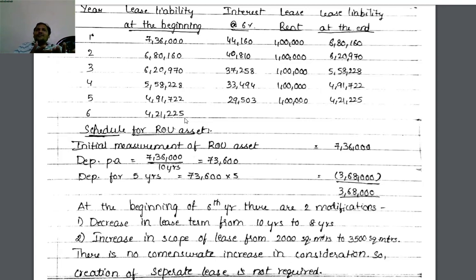If original terms are there, lease rent, original discounting rate, only the lease duration is changed. So only for next 3 years it continues. Next 3 years we are agreeing to pay 1 lakh each year and 6% is the discounting rate. What should be the liability?